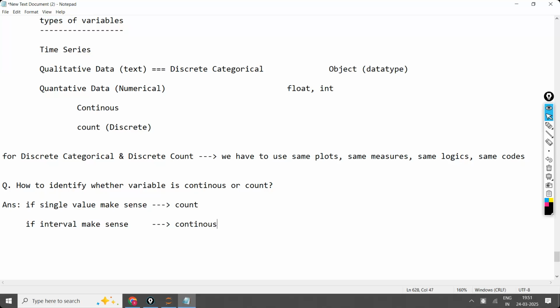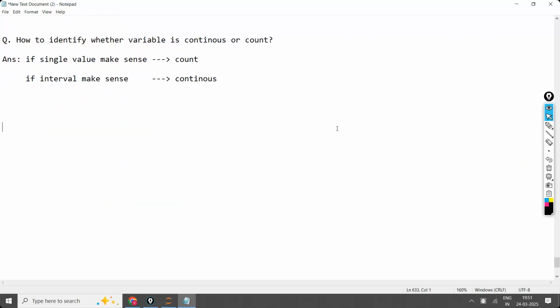Okay, now let's take an example. Students' marks are there, from 0 to 100. Different values are there, and every value is int only. The problem is, if the value is a float, blindly it comes under continuous.